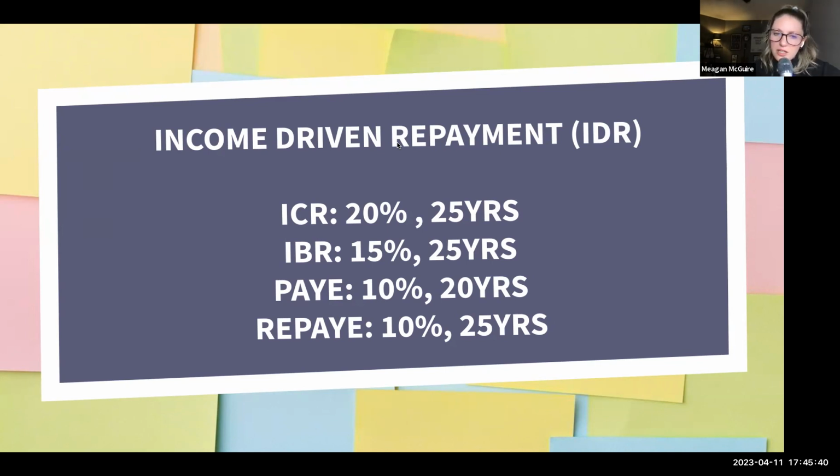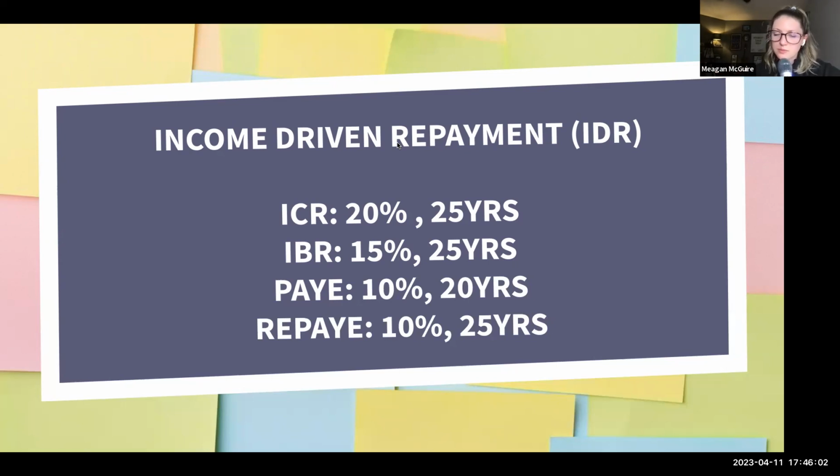Now, discretionary income is a calculation that the Department of Ed does to account for expenses you might have, your necessary expenses. What they do is they take 150% of the poverty line, which would be about 20,000 for a household size of one.